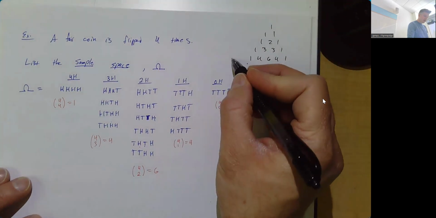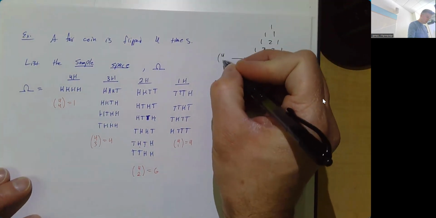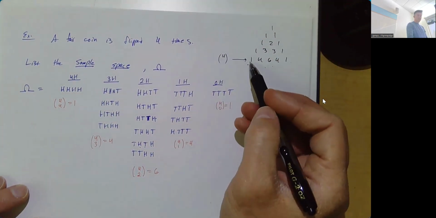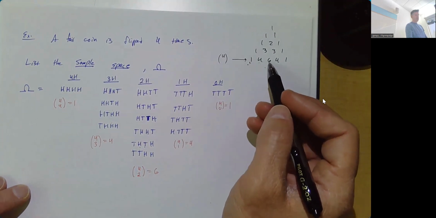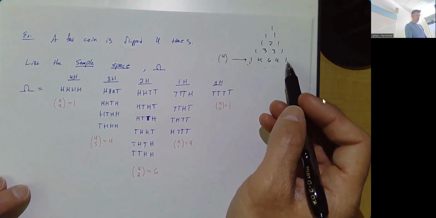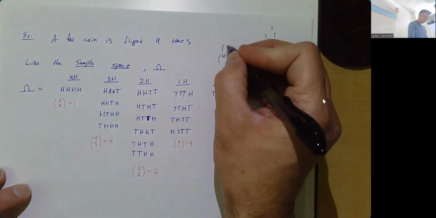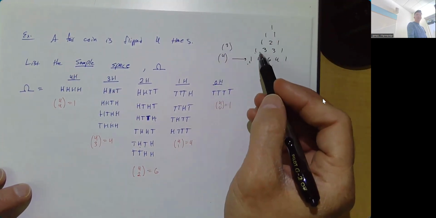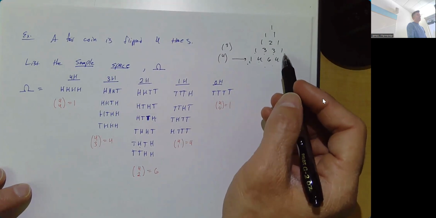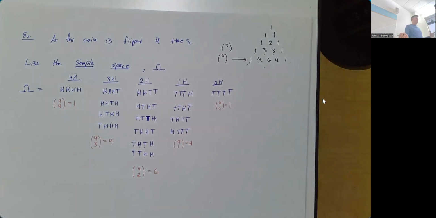So all these numbers here are 4 choose something: 4 choose 0, 4 choose 1, 4 choose 2, 4 choose 3, 4 choose 4. The row above it are all 3 choose something: 3 choose 0, 3 choose 1, 3 choose 2, 3 choose 3. It's kind of neat. I don't know if it's super important, but I think it's important.